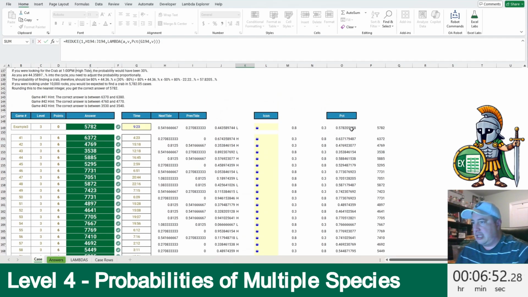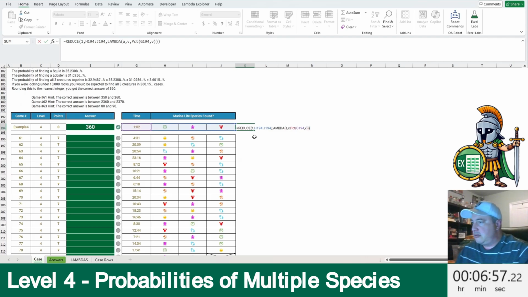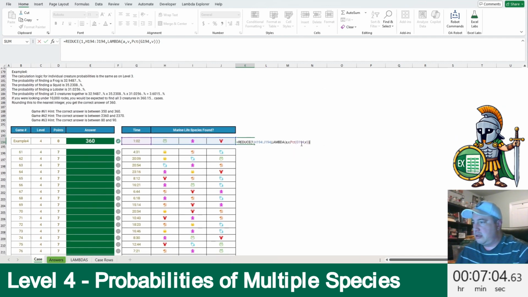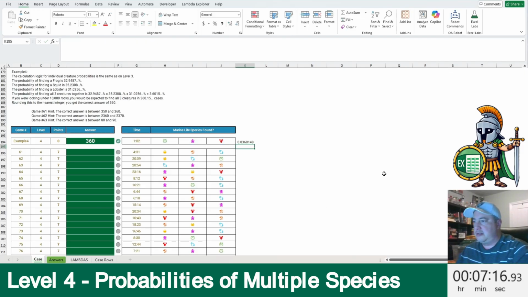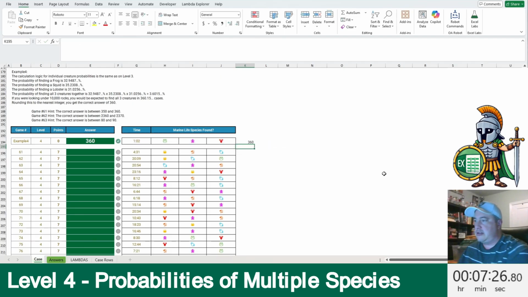I wouldn't expect the lambda to be wrong because it gave correct answers here. So what am I doing wrong? The time is given correctly. The icon is there. Oh, I know. I need to carry forward the amounts. Okay, so times 10,000 rather, round 0. Okay.